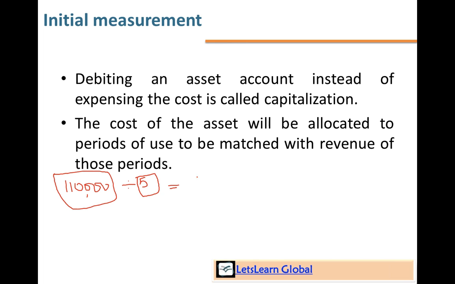So it will be 22,000 per year that you need to recognize as an expense. 22,000 is a non-cash expense which is called depreciation. Depreciation should be debited to your income statement. That is, it is charged to the income statement and it will be accumulated in the balance sheet.